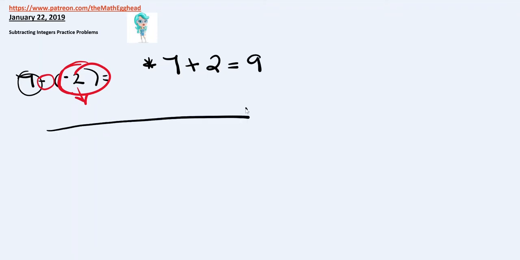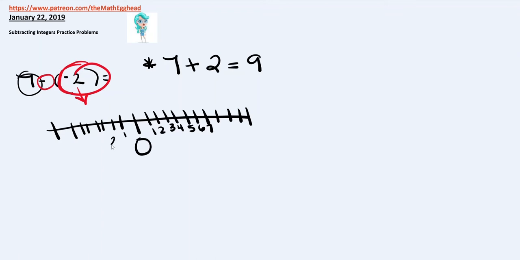Now, let's say you wanted to see that on the number line. We can definitely do that. So 1, 2, 3, 4, 5, 6, 7, 8, 9, 10, and the same going to the left. The first number always tells us where we're starting.